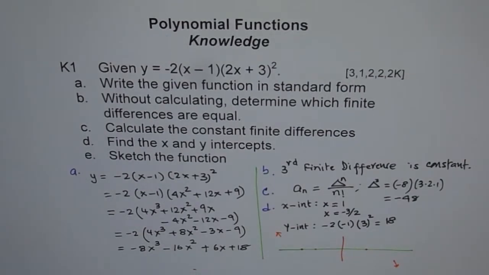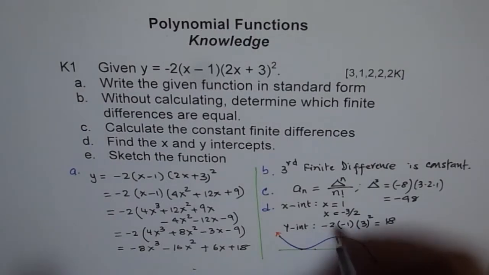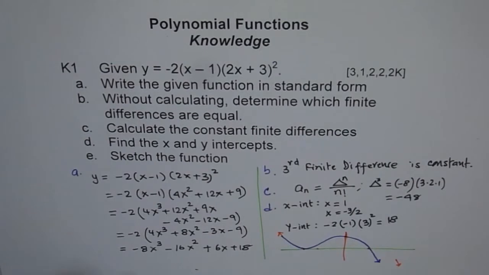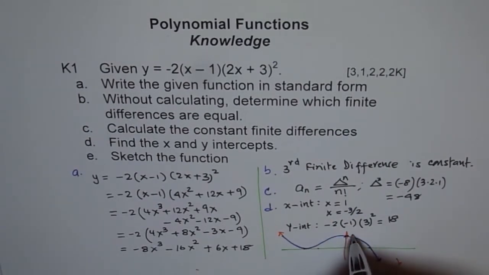Now you can sketch it. That was our rough work, right? So here, this is a zero of order or multiplicity 2. So it bounces, right? So it will go up like this, something like this, and going like this. So that is our function. It's a good thing to find and label your y-intercepts, right? So the y-intercept is 18. So let's write down 18 here.